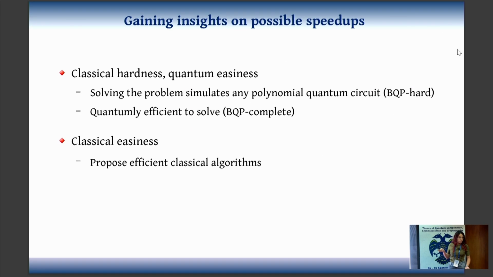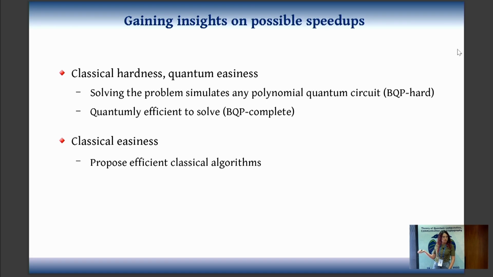So, how to gain insight on these possible speedups. On one hand, we can use some complexity arguments to prove that the problems are classically hard. And if we provide also an efficient quantum algorithm for the same problem, then we prove that this is efficient for a quantum processor.